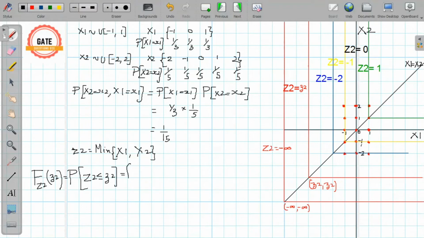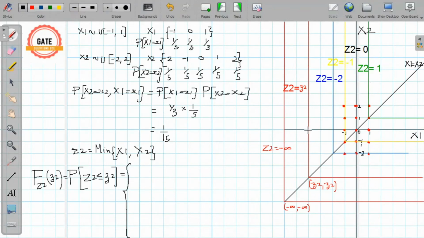So now we will calculate the CDF of Z2. Firstly, you can notice in this diagram that the leftmost boundary will have its corner at -infinity, -infinity on the x1 equal to x2 line, and the corresponding value of z2 on this L-shaped boundary will be -infinity. Similarly, the rightmost boundary will have its corner at +infinity, +infinity, and for that L-shaped boundary z2 will be +infinity.